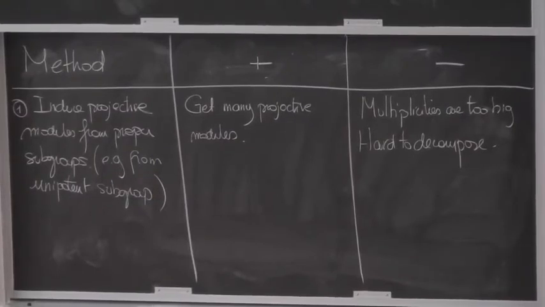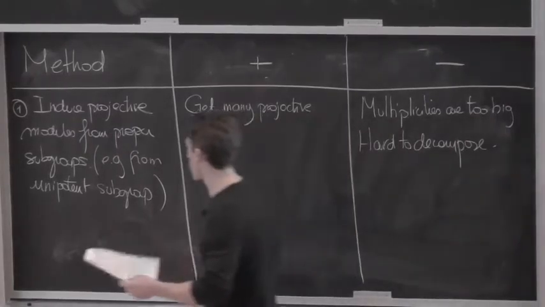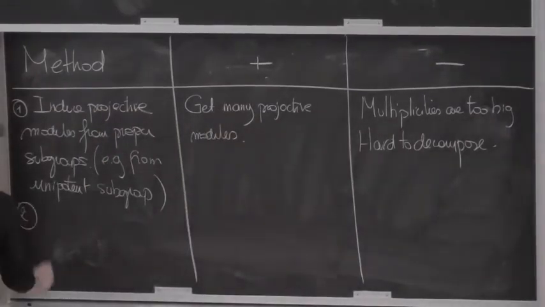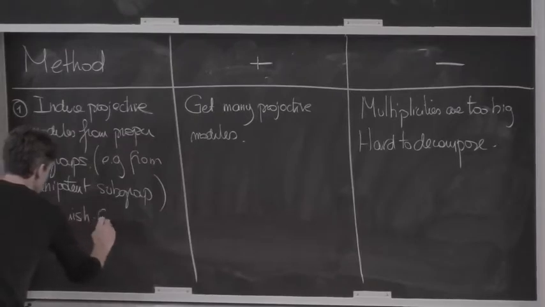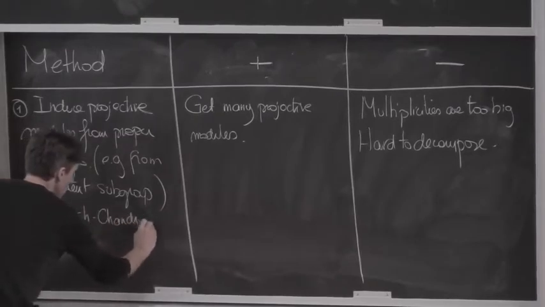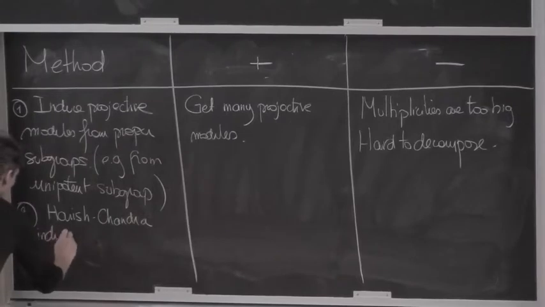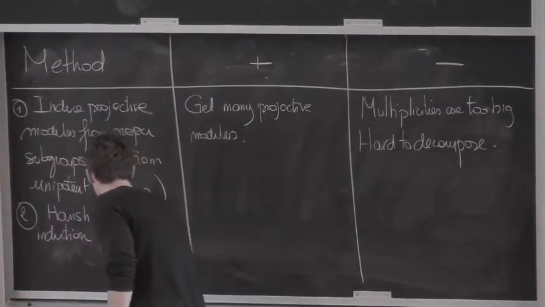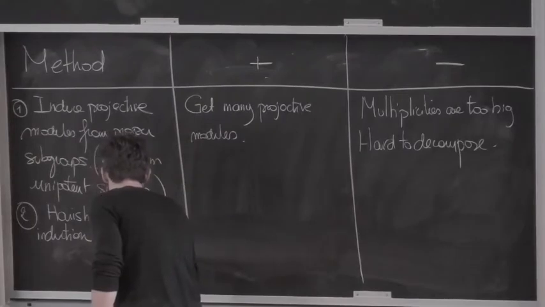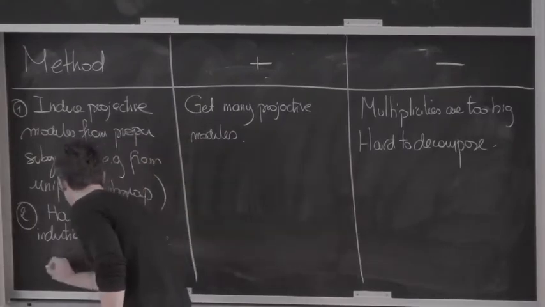There is a way to minimize the multiplicities, which is Harish-Chandra or parabolic induction. Instead of naively inducing the modules, you can do this Harish-Chandra induction. And if you're working in non-defining characteristic, it will map projective modules to projective modules, but now you're looking at projective modules of Levi subgroups.